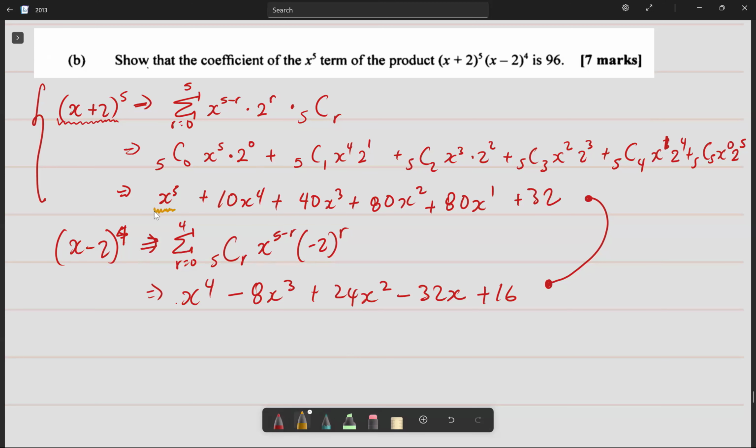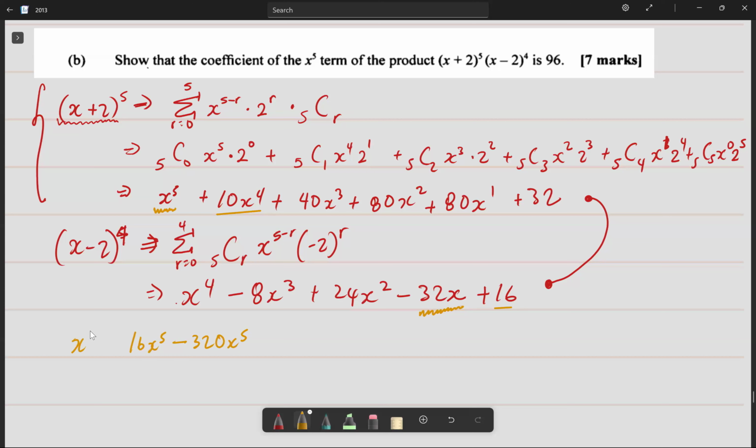This x to the 5th, to get an x to the 5th from this, we'd have to multiply by the 16. So that means that we can have 16 x to the 5th. Now, for this one to give us x to the 5th, you would have to multiply by this one to give us minus 32 x to the 5th.